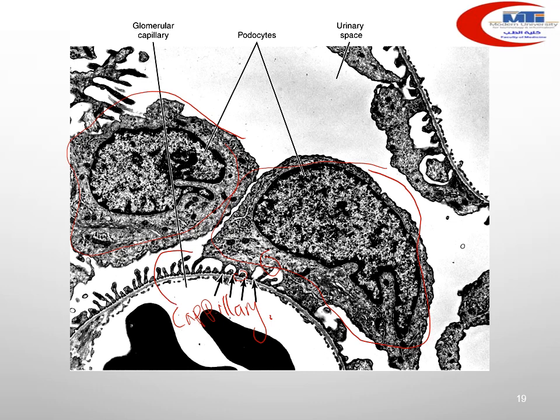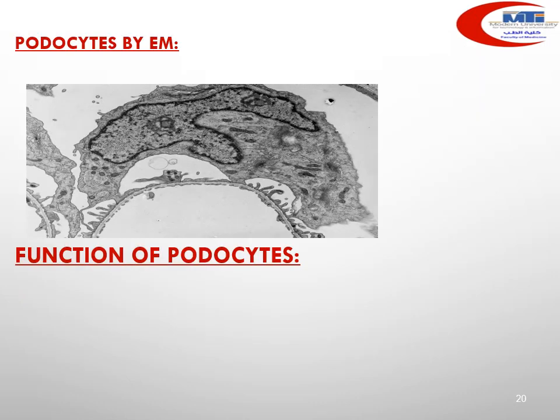This area is called the blood renal barrier, and it is formed of three structures: the endothelial cell, the secondary process of the podocyte, and the basal lamina or basement membrane that is formed from both of them together.